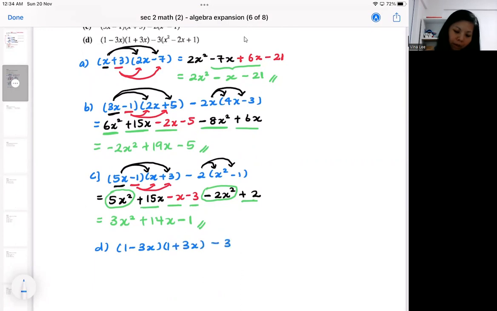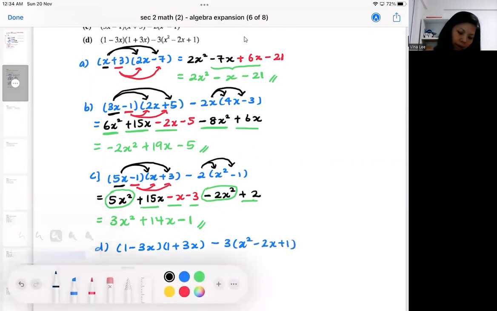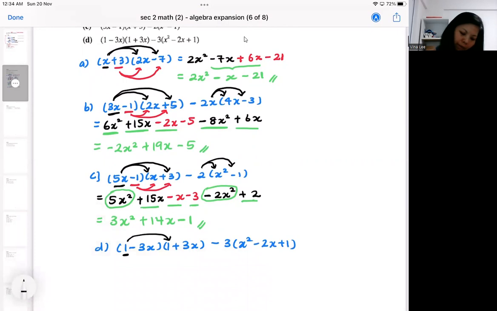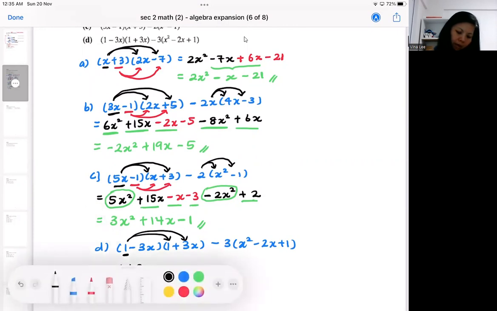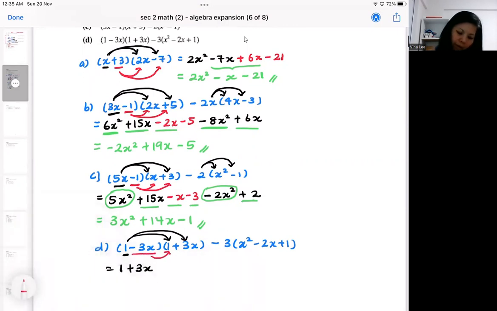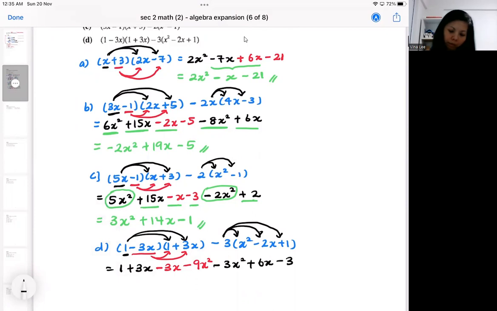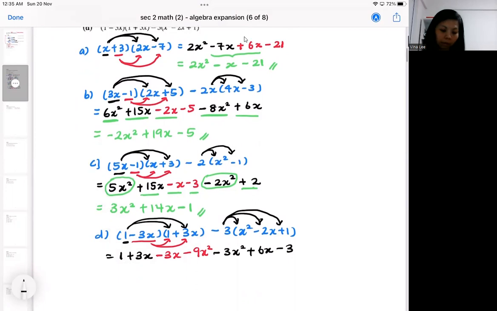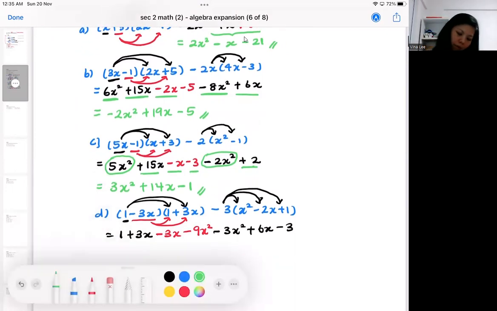Next one, same thing. I will take the first guy and multiply, take the second guy and multiply, and then do your Sec 1 expansion here.